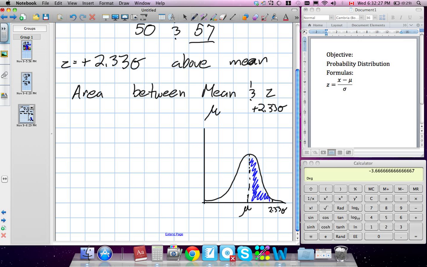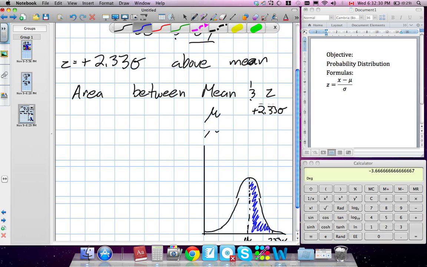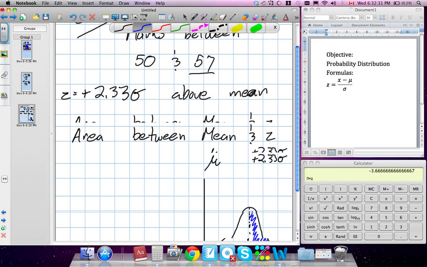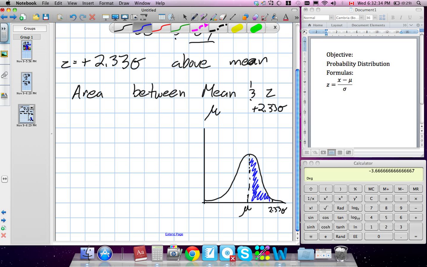So we go and check our z-score table at the back here. And what you're going to look for is your actual z. Our z was equal to positive 2.33.